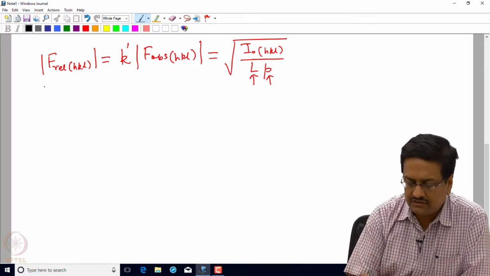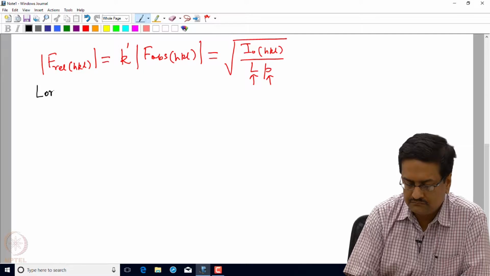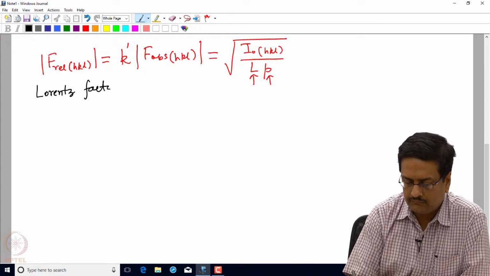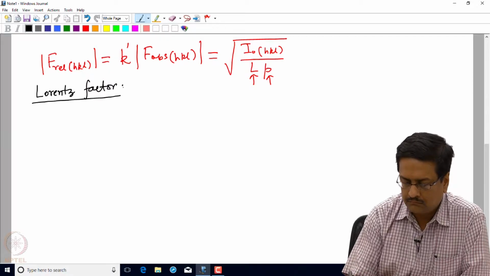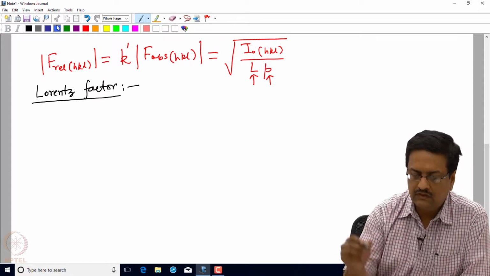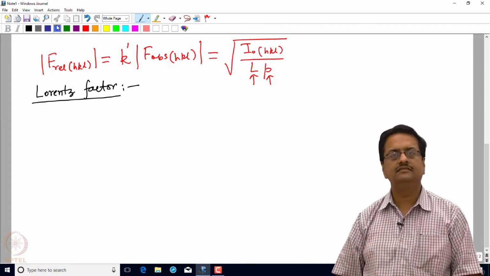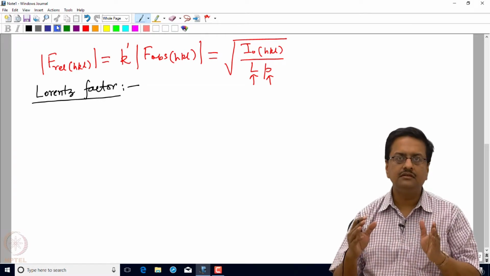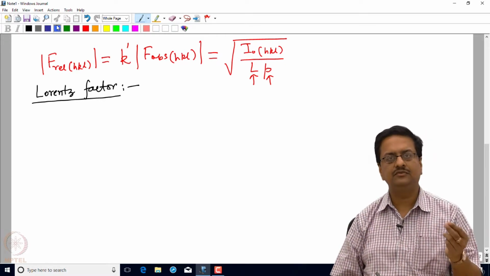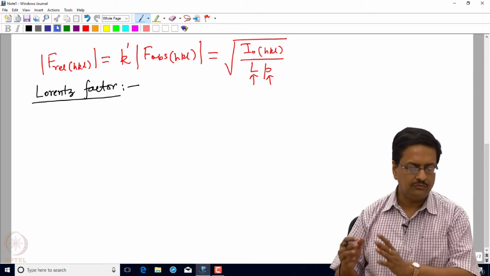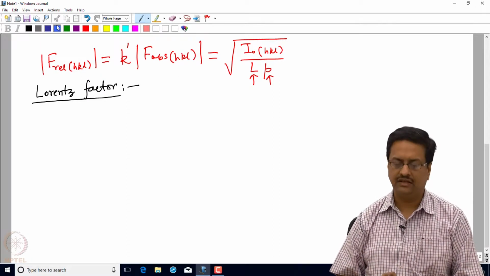Let us start with the Lorenz factor. The Lorenz factor arises due to the time required for a reciprocal lattice point to pass through the sphere of reflection.